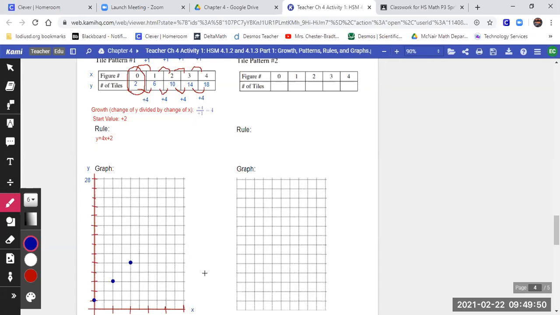So how many lines for 14? 7. So this was 5, 6, 7. Then how about the next one? 18 would be how many lines? 9. So this was 7, 8, 9.